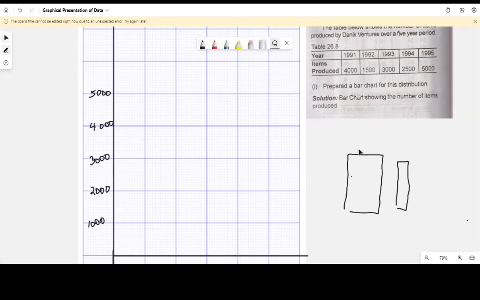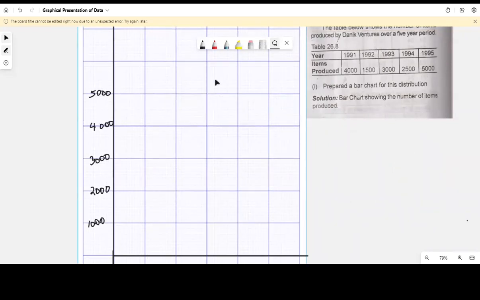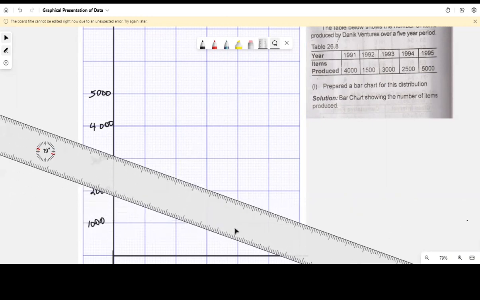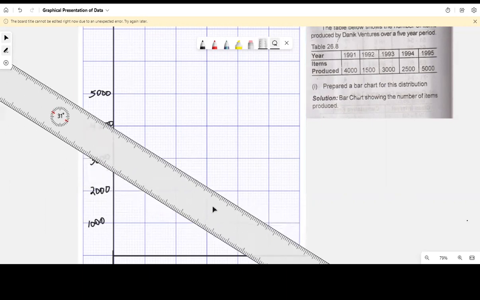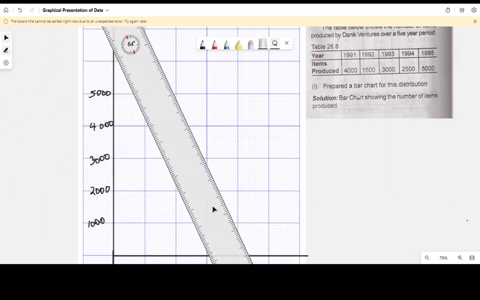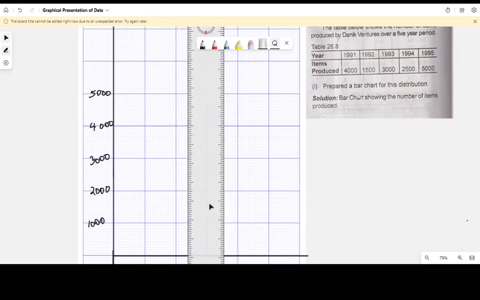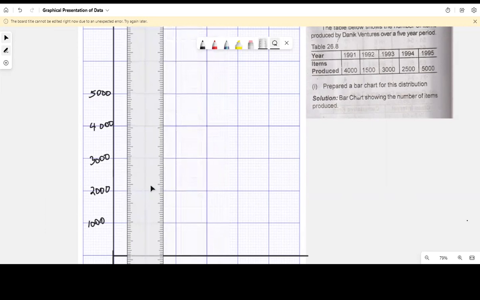They must have equal width. But the height, on the other hand, must correspond to the data you are representing. So we need to make use of a ruler here. If this were a paper graph, you would see one bold line in between here, which you can make use of to draw the graph. Since this is a digital graph, the line is not showing clearly, so I will just assume it's at the middle here.